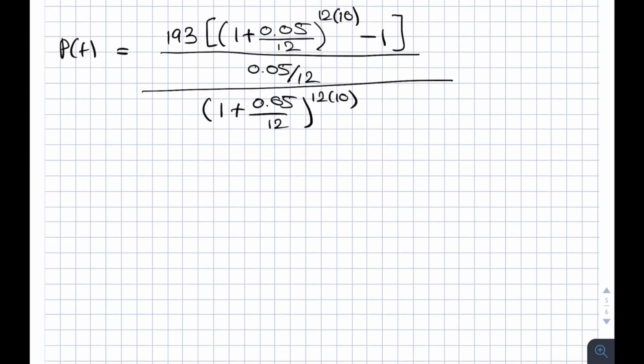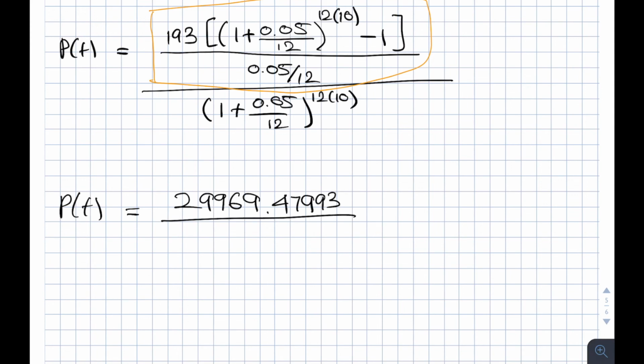And now I'm going to evaluate this value over here by itself first. And that gives me P of t is equal to 29,969.47993 divided by, and now I'm going to evaluate this value over here by itself, which gives me 1.6470094998.